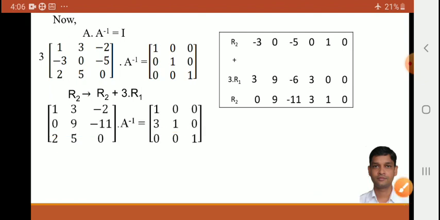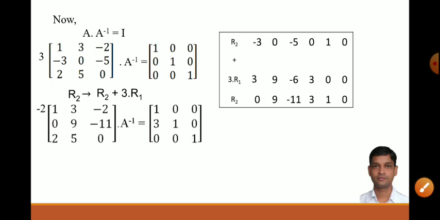Now adjust 0 at this position. Here it is 1, so we multiply row 1 by -2. So -2 into 1 becomes -2, and -2 plus 2 is 0. So R3 is going to change. We write the transformation as R3 changes to R3 plus -2 into R1.